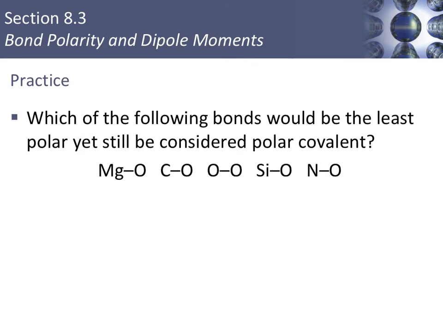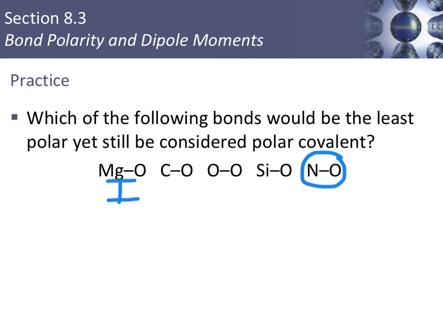Next, pause the video for a moment and see if you can pick out the bond that would be the least polar, yet still be considered polar covalent. The answer here would be nitrogen and oxygen. Magnesium and oxygen, that's a metal-nonmetal combination, so that most likely would be ionic.